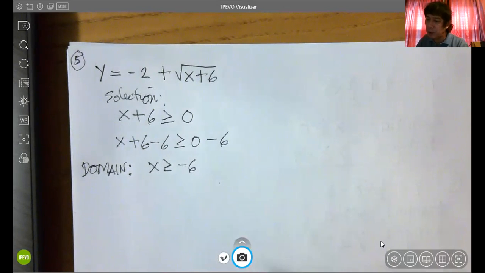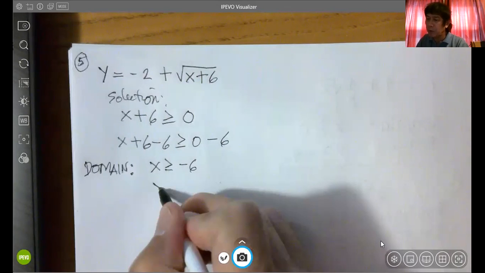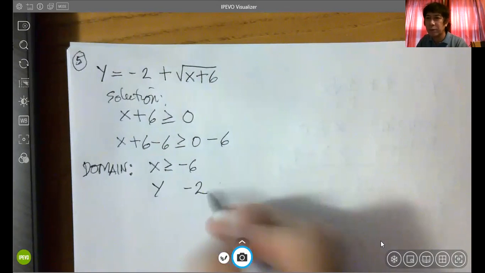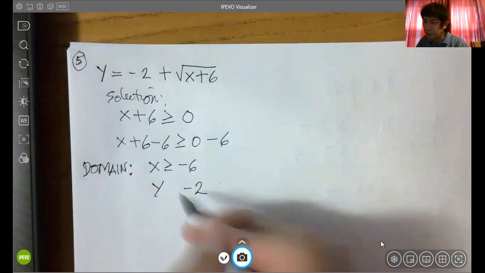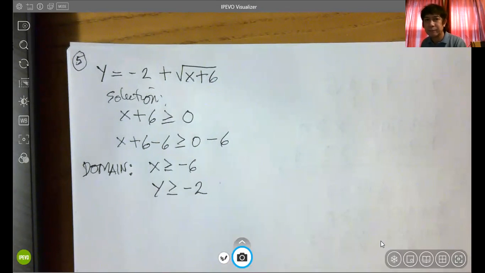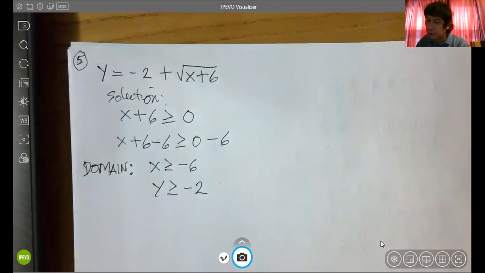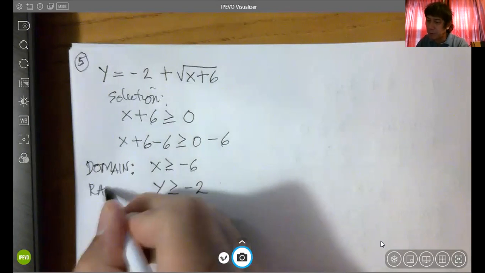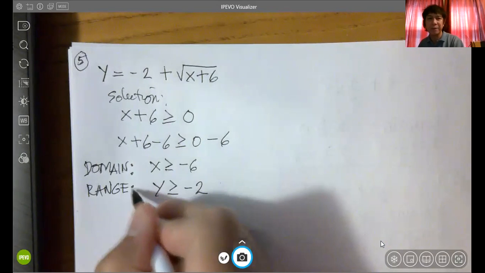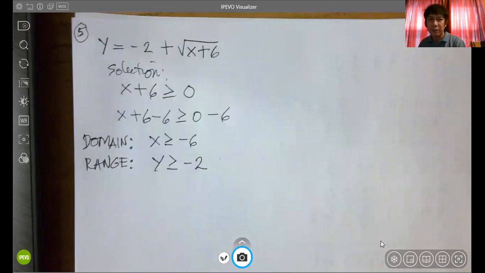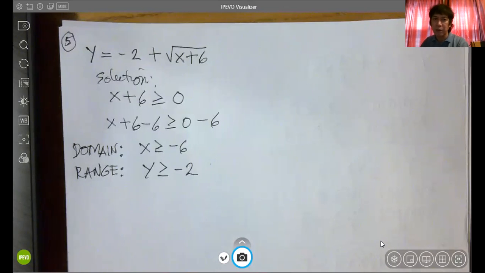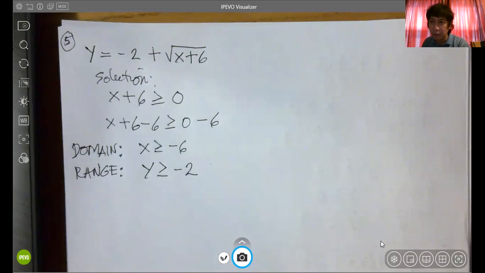So the range is negative 2 or higher. There. So this gives us the range. And we're done. The range is y greater or equal to negative 2, and the domain is x greater or equal to negative 6.